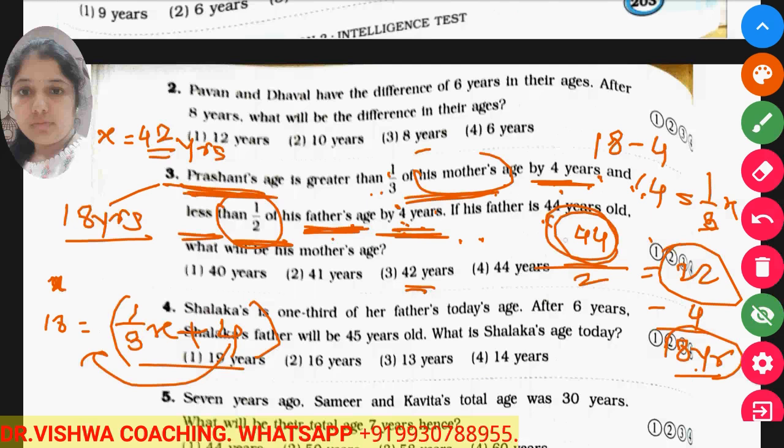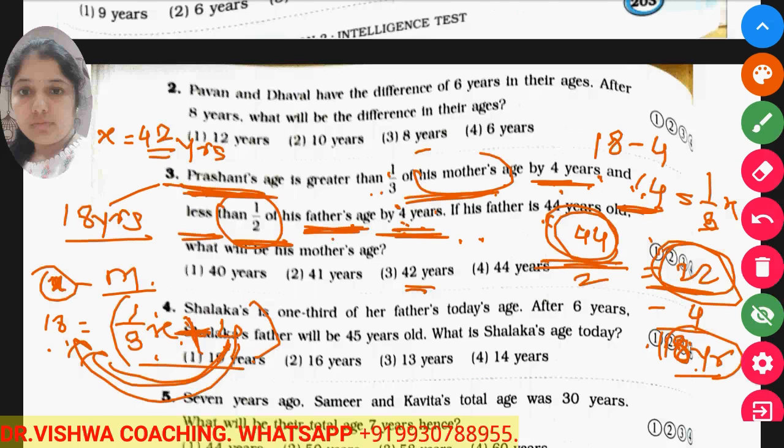So we know the father's age, which is 44 years old. Half of it is 22. 4 years less than 22 is 18, so Prashant is 18 years old. Now assume his mother's age as x. Now 1 by 3 of x plus 4 is equal to Prashant's age. This 4 is in addition, so we bring it to the left-hand side for subtraction.